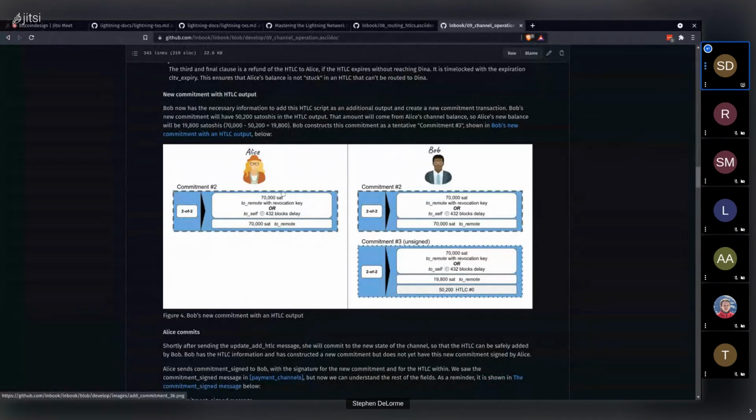But if she was sending to Dina, there would be multiple HTLCs in this commitment transaction. No, I don't think that's right. Even if she's sending to Dina, there will be one HTLC corresponding to that payment. Like you said a few minutes ago, Alice and Bob will have one HTLC, Bob and Chan will have one HTLC, and Chan and Dina will have one HTLC.